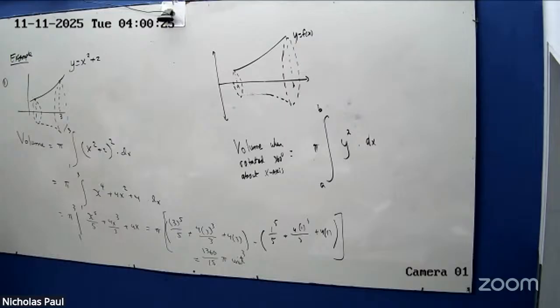How much did you get? Yeah, that's correct, 1366 over 15 pi.